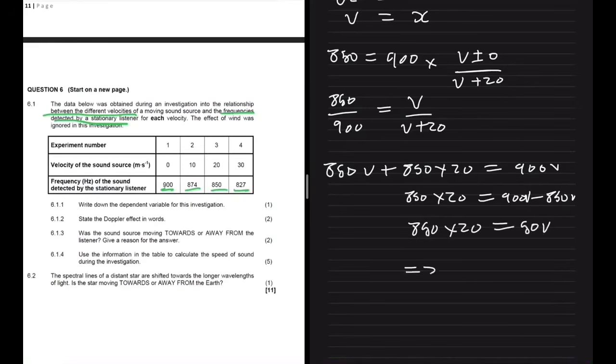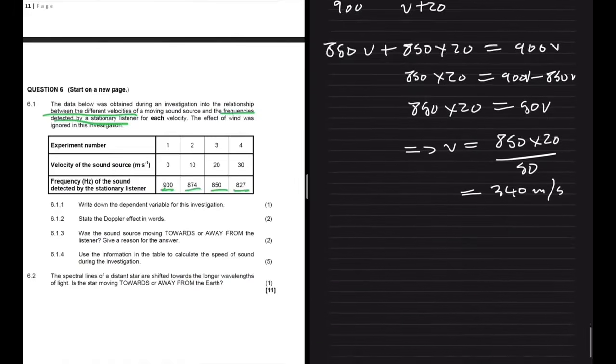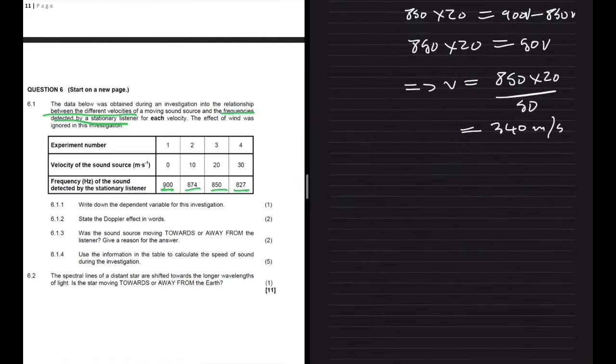Divide both sides by 50, so v equals 850 multiplied by 20 divided by 50. Let me plug that into my calculator. That gives us 340 meters per second, which is something you'd expect; you'd expect an answer around 340. That's it for that question. Let's move ahead.